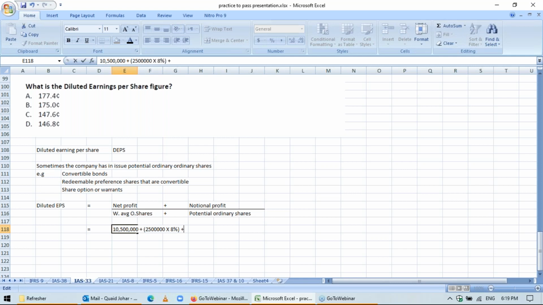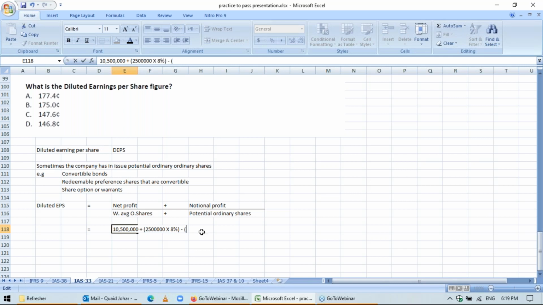And then the profit will decline due to the tax. There will be tax on this interest, which we did save this year, but when the bond gets converted, there will be no interest, ultimately more taxable income, and we'll have to pay tax.